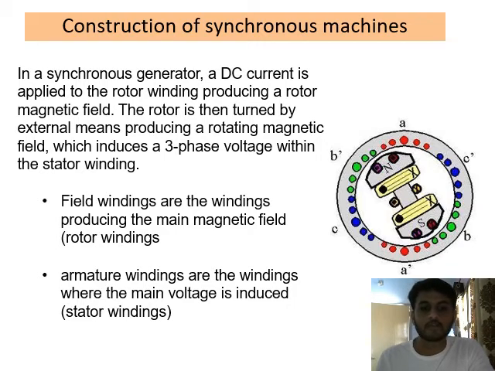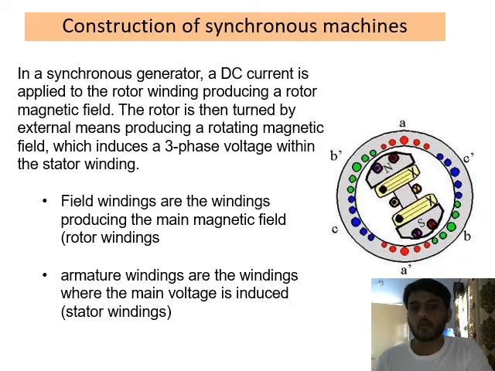In a synchronous generator, a DC current is applied to the rotor winding, which produces a rotor magnetic field. This is one of the main differences between the synchronous generator and a three-phase induction motor or three-phase induction generator. Here we need DC current to excite the rotor winding.